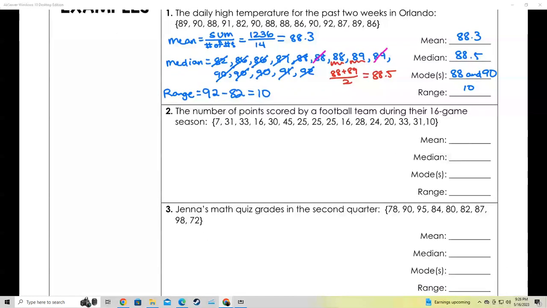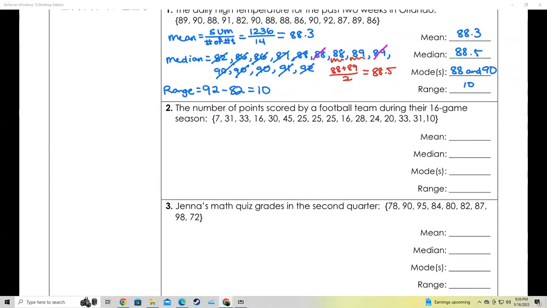The number of points scored by a football team during their 16-game season. So first, we're going to find the mean, which means I'm going to find the sum divided by the number of numbers. I'm going to go ahead and add up all those numbers for you, and I get 399 divided by 16.